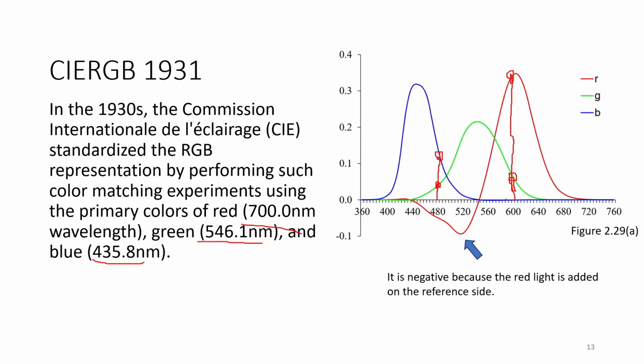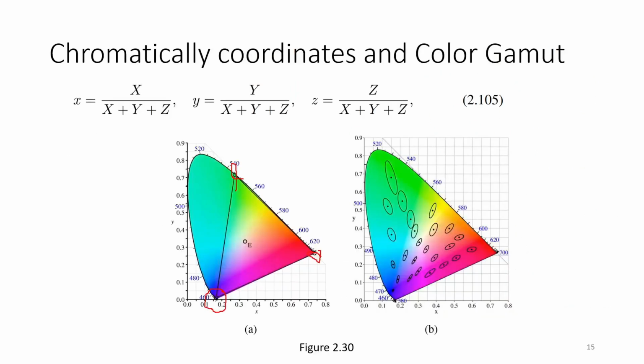So, for a color in this region, can we use positive values to combine the 3 points to get this region? No. So you need to set some negative values.